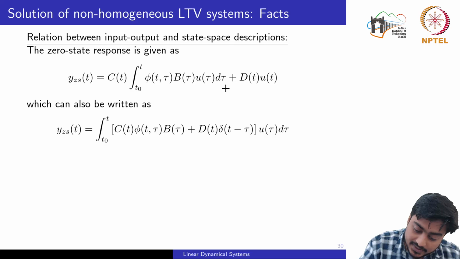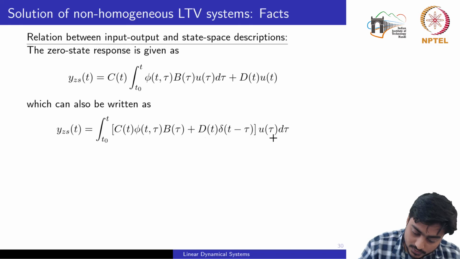Now I can write this last part by this equation, meaning to say, because this part D t into E t was outside the integral, to take this inside the integral, what I did, I multiplied by an impulse function. So I know that at t is equal to tau, this would be equal to this one.